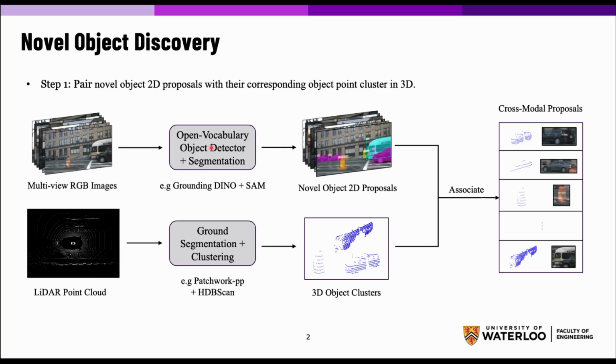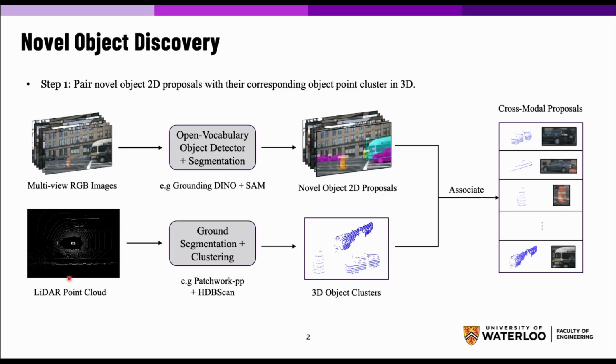When you pass them through an open vocabulary detector and segmentator, what you're gonna get is bounding boxes in 2D, right? So these are your regions as well as the object mask, which is not really important for now, but it'll be used later. And what you want to do is associate them to the objects in 3D space.